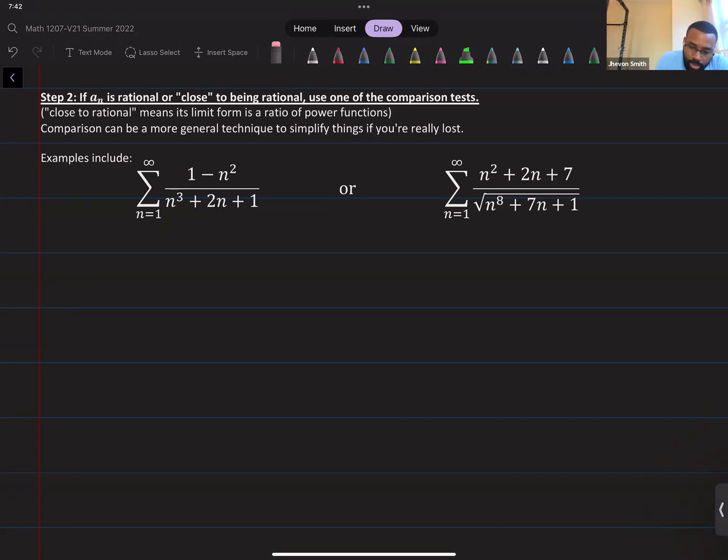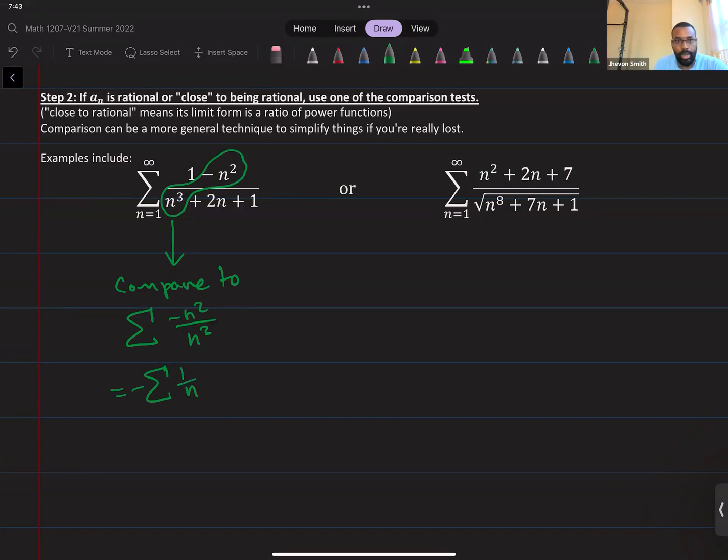So the biggest guys, for this, it will be like minus n squared over n cubed. You can ignore everyone else. And that also tells you what you'd want to compare it to, right? So you'd compare it to the series of minus n squared over n cubed, or in this case, minus 1 over n, right?